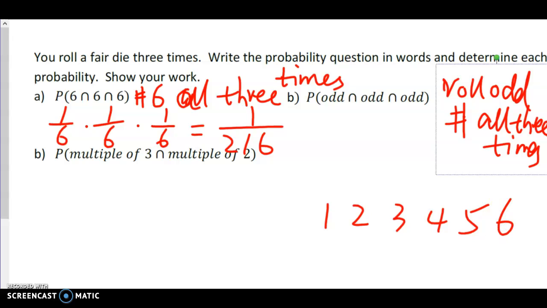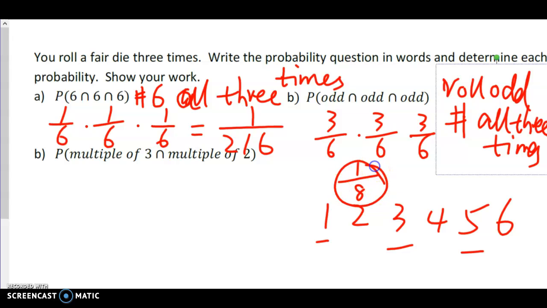The odd numbers are 1, 3 and 5, so 3 odd numbers. So for each roll, the probability will be 3 out of 6. The second one is 3 out of 6. The third one, 3 out of 6. And then you simplify it, that will be equal to 1/8. That is the probability.